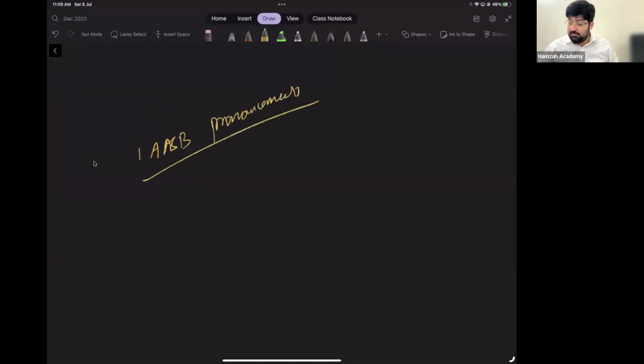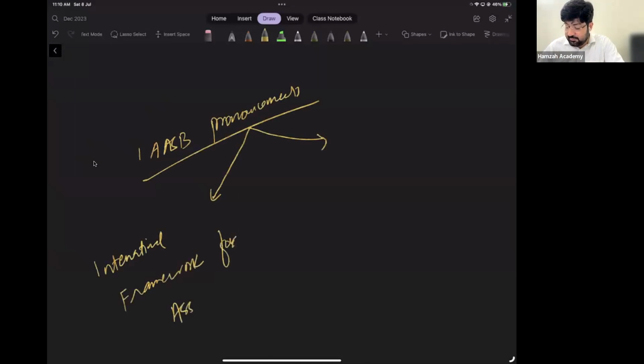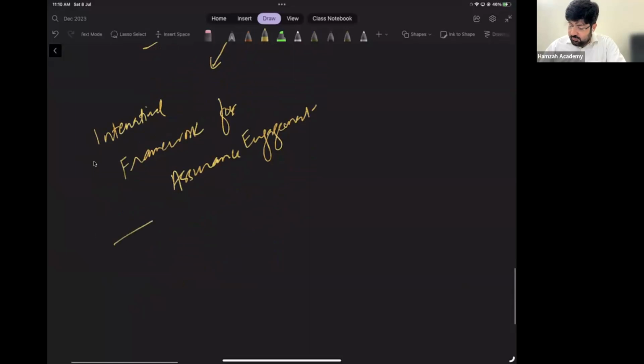They issue number one, the international framework for assurance engagements, which has two things. One is called ISA, International Standards on Auditing. I talked about that.